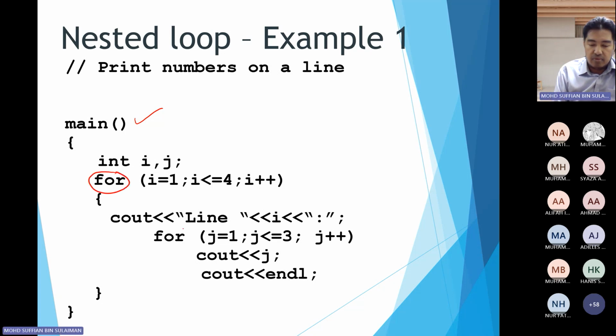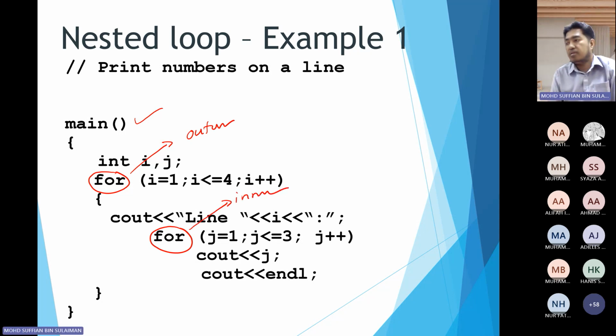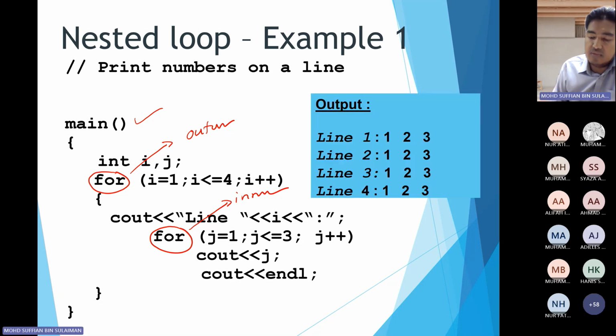We have for, and then we have for. We have outer for, so this one we call an outer for. So this one we have inner for. For yang di luar, for yang di dalam. So what will be the output? Dia akan jadi macam ni. So macam mana dapat output ni adalah ni kaedah dia. The outer for will print from top to down, top to down.